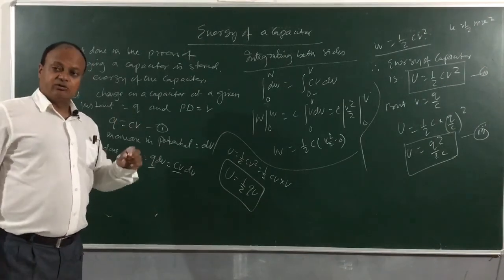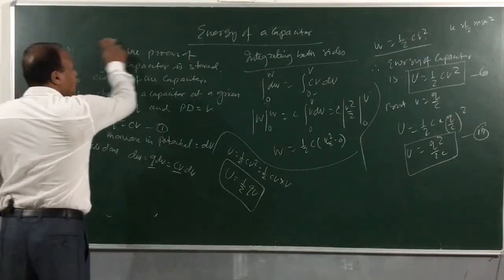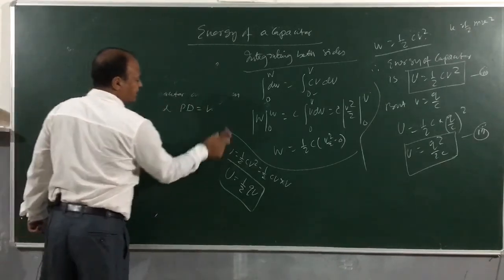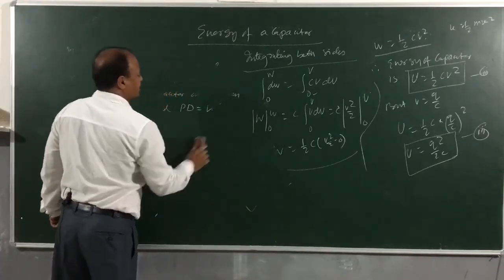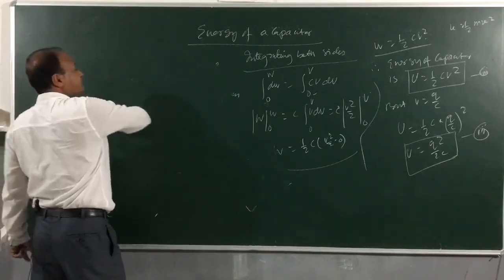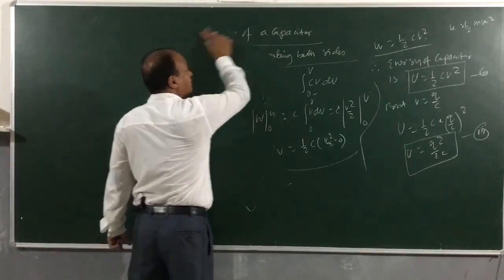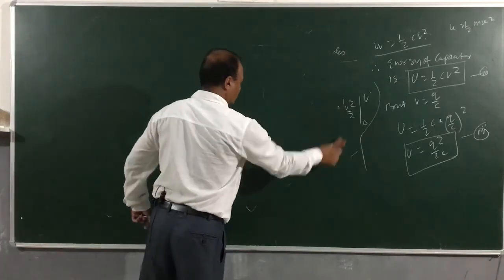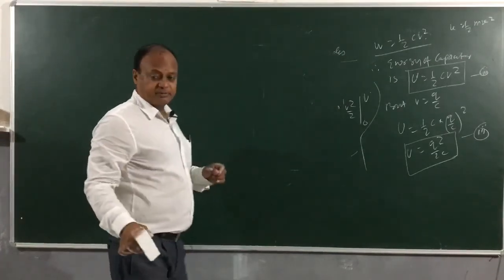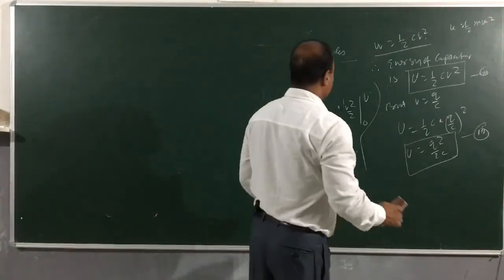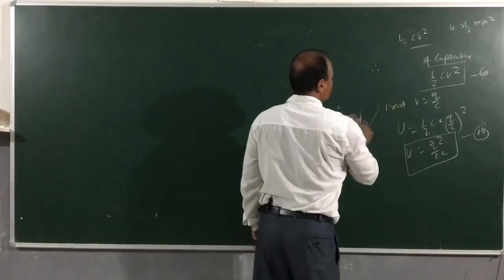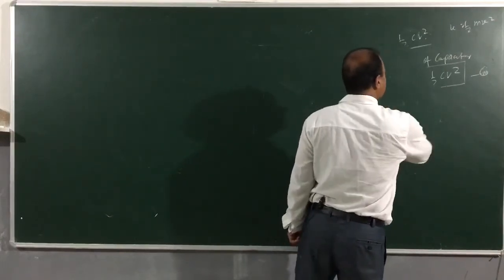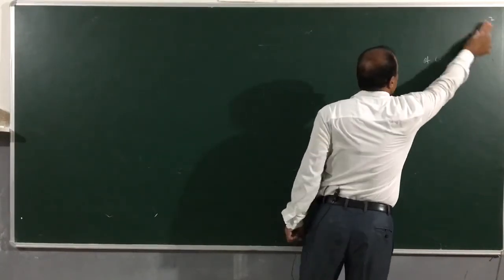Now, the total energy that a capacitor has will be the same whether the combination is a series combination or a parallel combination. Remember, a very important concept: effective capacitance may change when we combine capacitors in series or parallel.